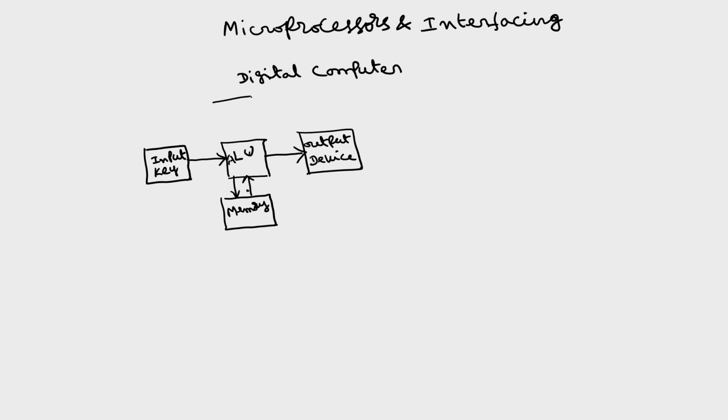And you require some control logic to control all the operations. The combination of this ALU and control logic is called a microprocessor. This is called a central processing unit, CPU.